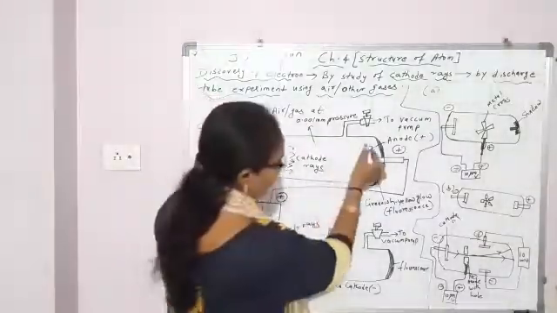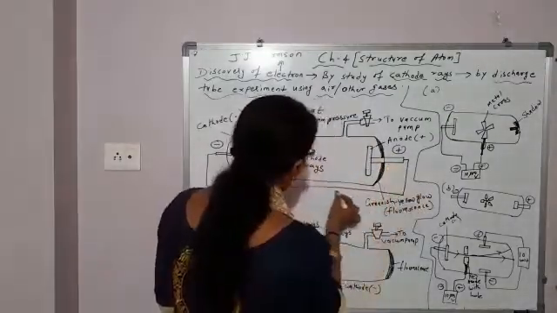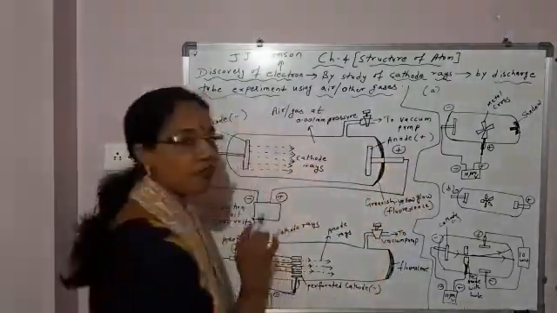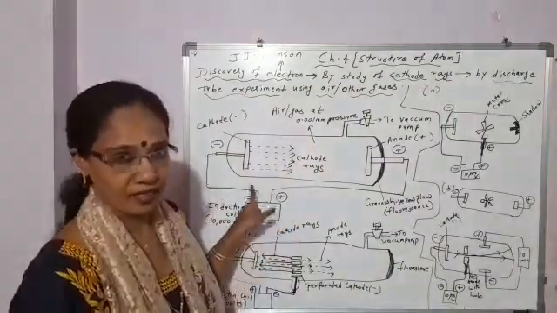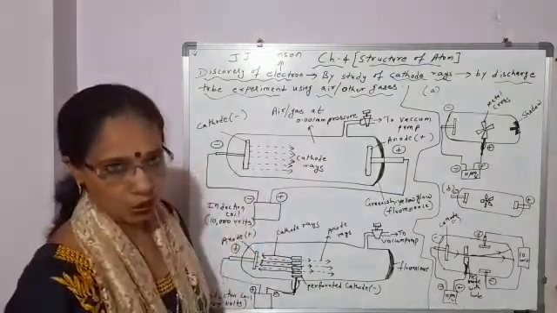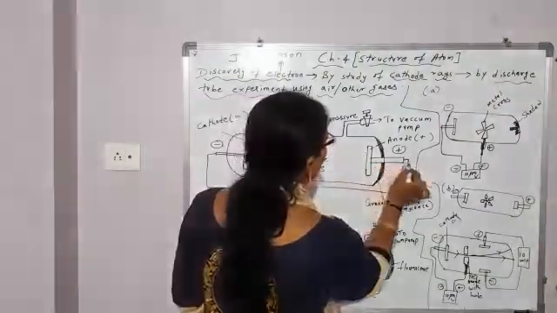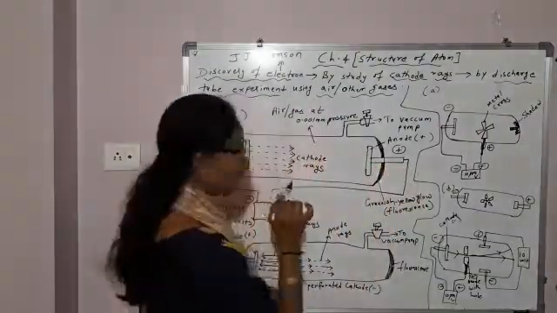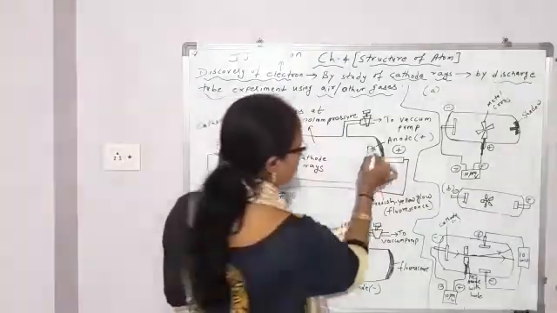At the other end, a circular metal plate is connected to the positive terminal of the electric source, the induction coil, which we are using here as the electrical source providing a high voltage of 10,000 volts. The metal plate connected to the positive terminal of the induction coil is called the anode.